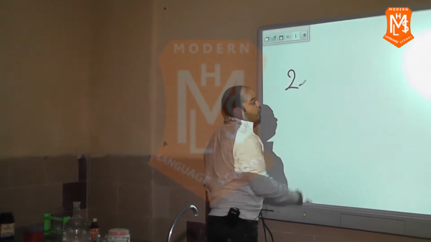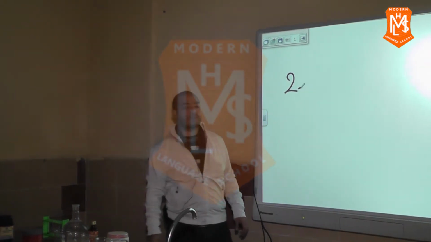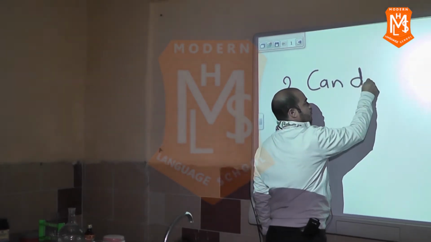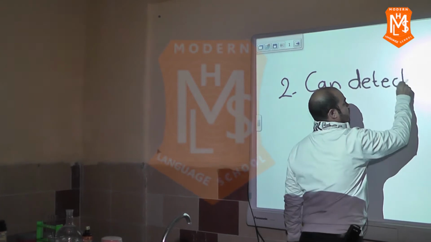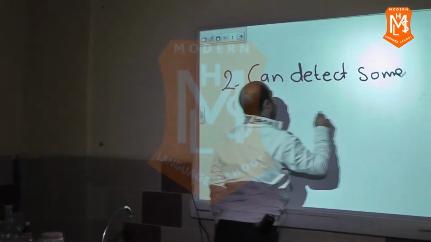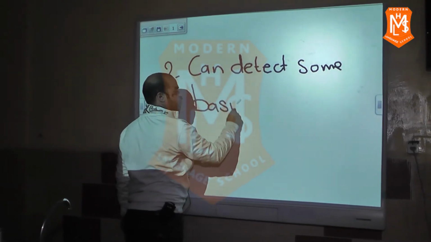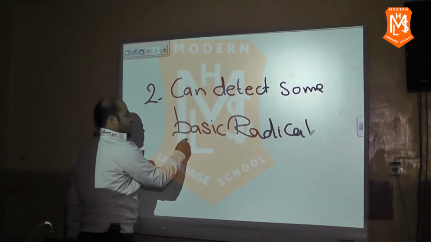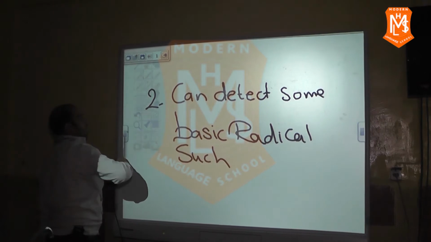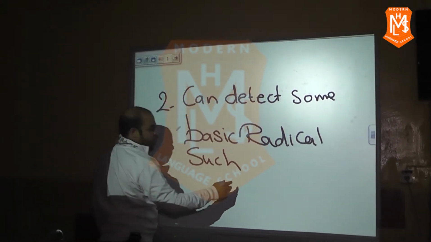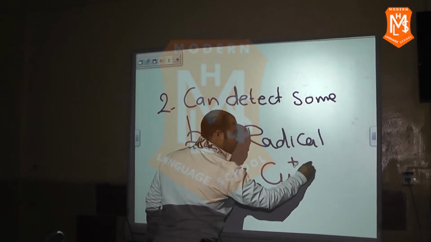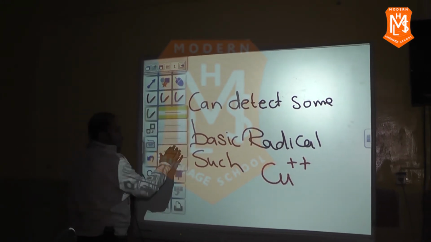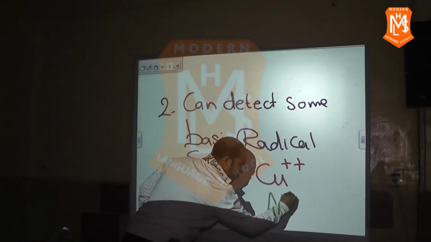Number two, a base can detect some basic radicals, such as copper II and aluminium III.